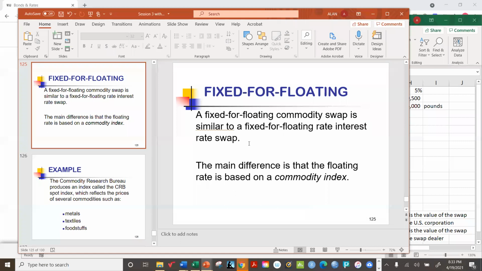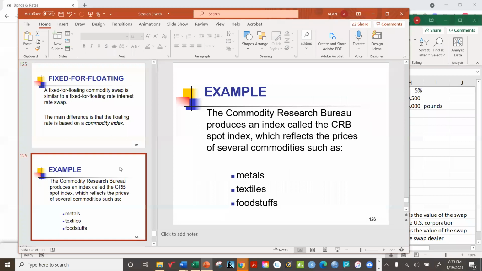I can enter into what's called a fixed for floating commodity swap, except the floating rate is not LIBOR, it's a commodity index. So there do exist commodity indexes. The most famous one is the Commodity Research Bureau Index, which is a number that reflects the prices of a wide variety of commodities like metals, textiles, foodstuffs, et cetera.